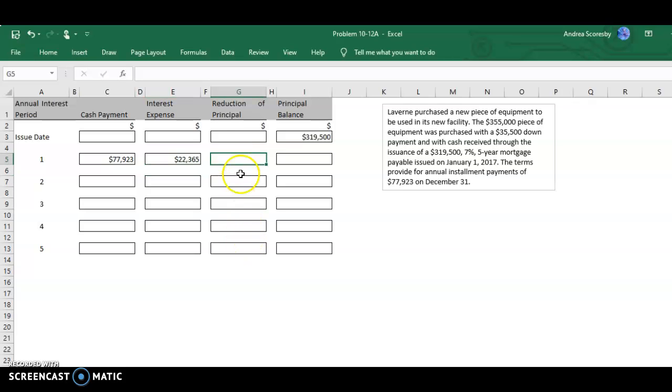I'm just rounding this since we have been asked on this problem to round to the nearest number. So that's all I'm doing here.